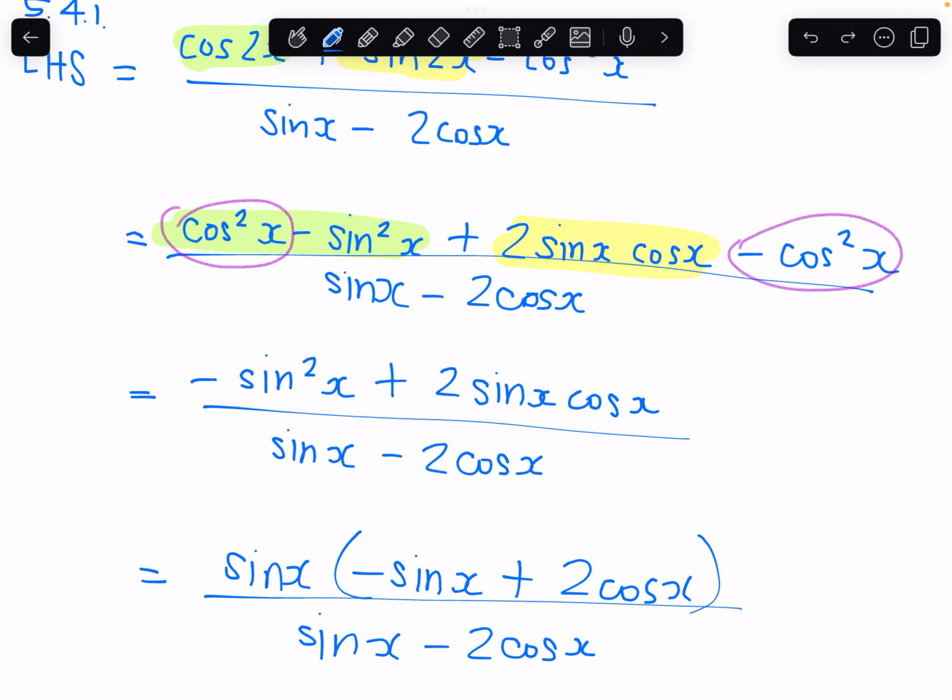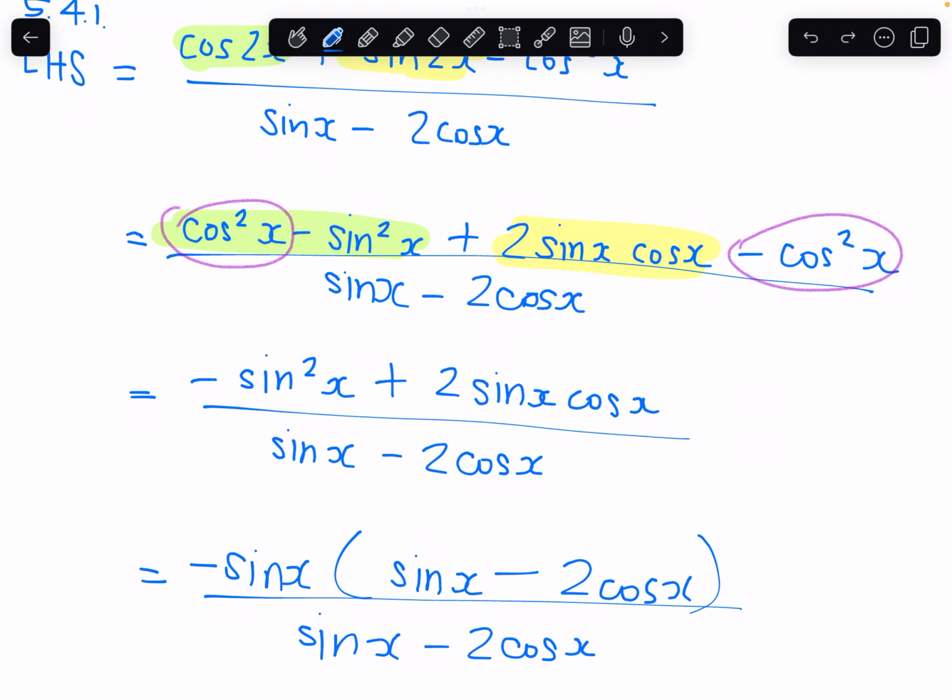So instead of factoring out a positive sin x, I should factor out a negative sin x. Then here I'm left with a positive sin x, so multiplying these gives me minus sin² x. And then this would have to be a negative 2 cos x so that I can get a positive up there.